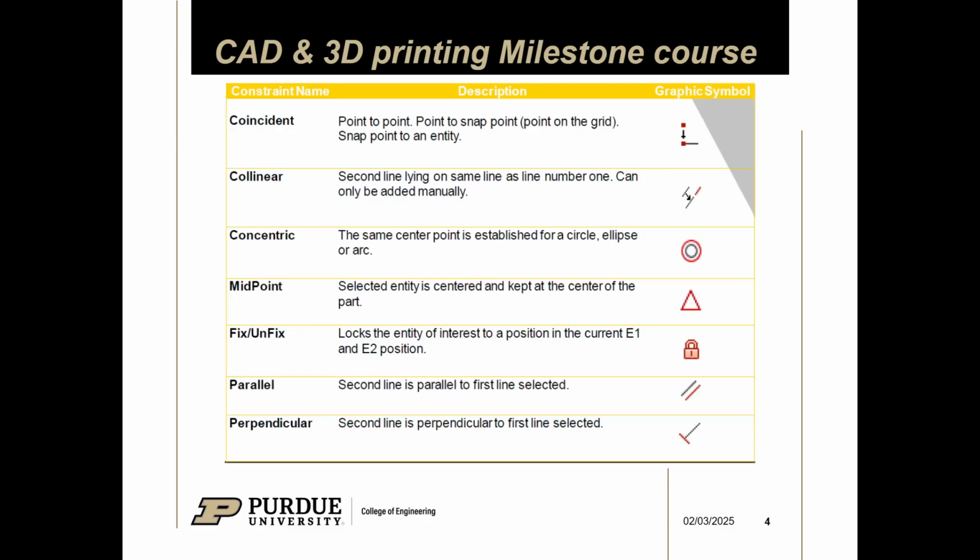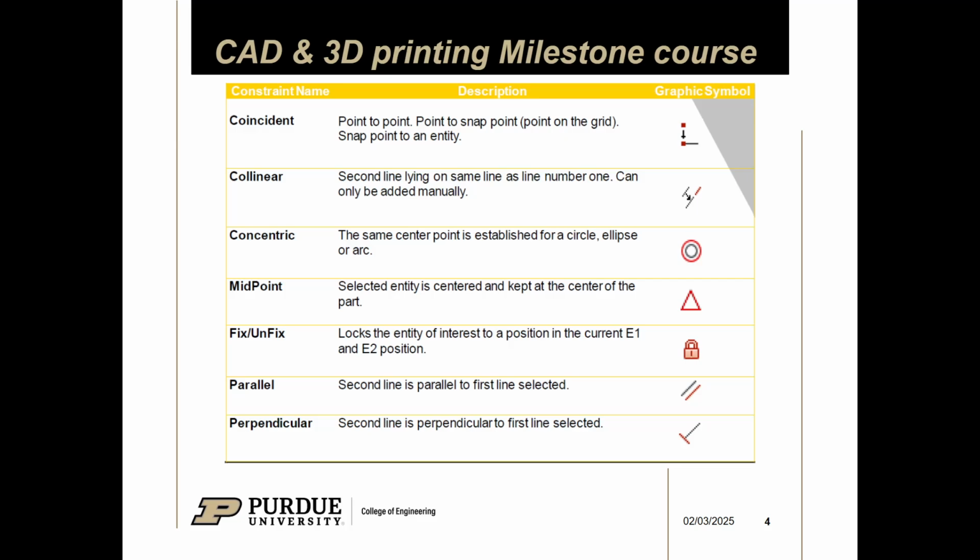If you're familiar with basic geometry, I'm sure some of these are pretty self-explanatory, like parallel and perpendicular. But there might be some you're a little more unfamiliar with, like coincident and collinear. All of these have a description. I won't read them all, but you have access to the slides, so you can understand what they do.